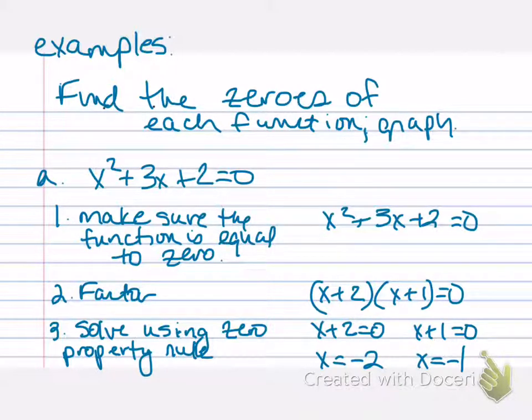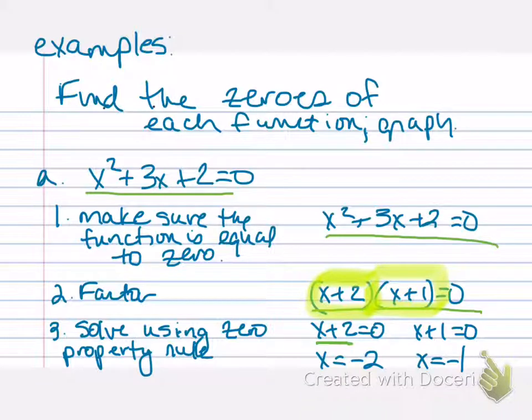So here we have a simple quadratic function. We want to make sure that it's equal to 0. Then we factor. Then we set each factor equal to 0. Because if I can make this part equal to 0, then my whole equation is equal to 0. Just like if I could make that second factor equal to 0, then my whole equation would equal 0.